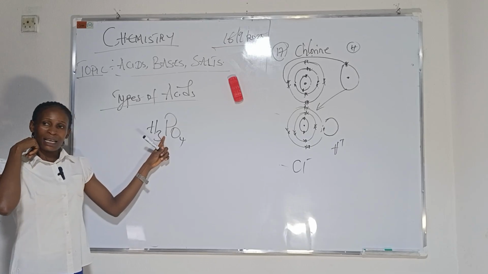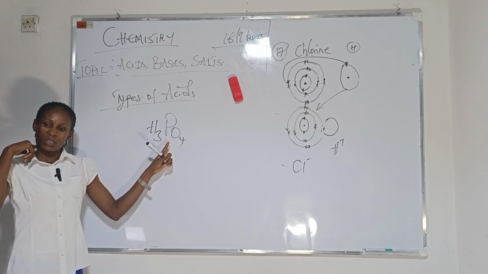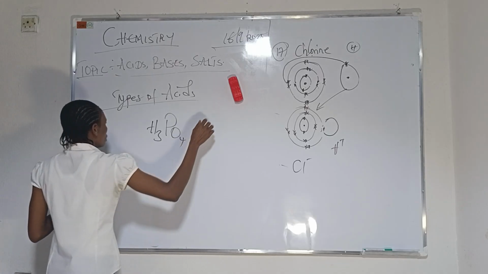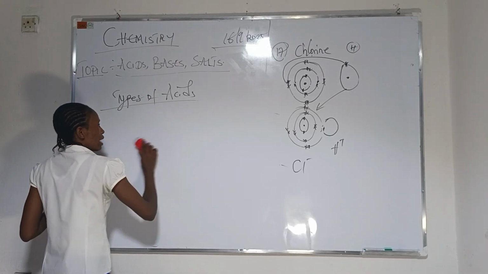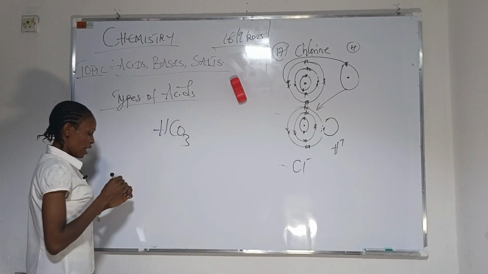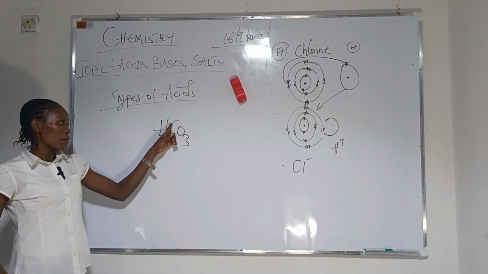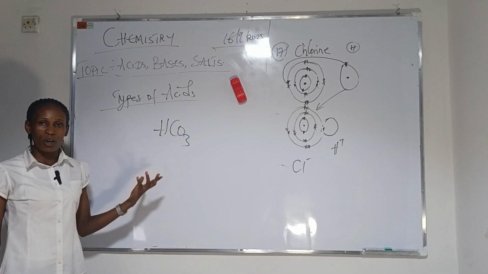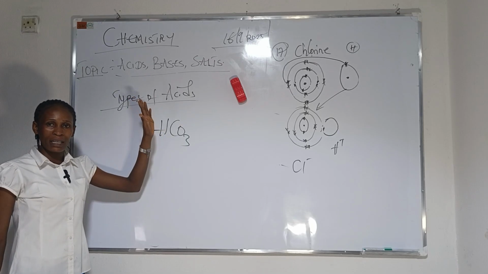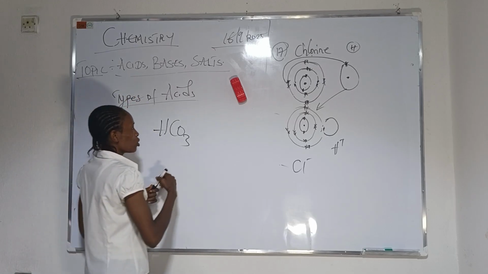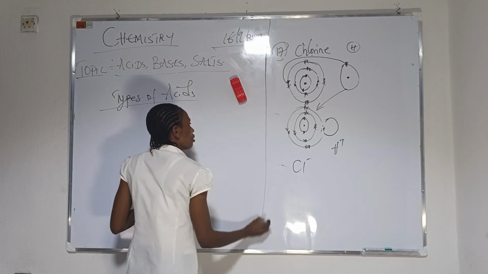Ionization of this can never and will never be complete. Another example is hydrogen trioxocarbonate(IV), which is an example of weak acid. At least I've given up to 3 for that of organic, for that of strong, and that of weak. So let's take note of that.